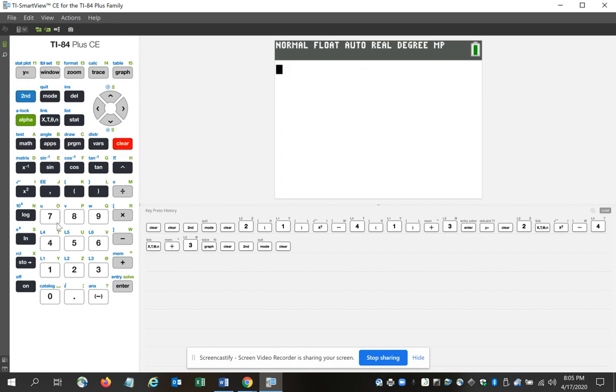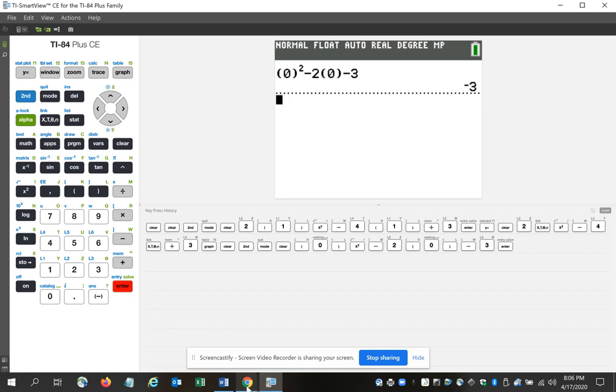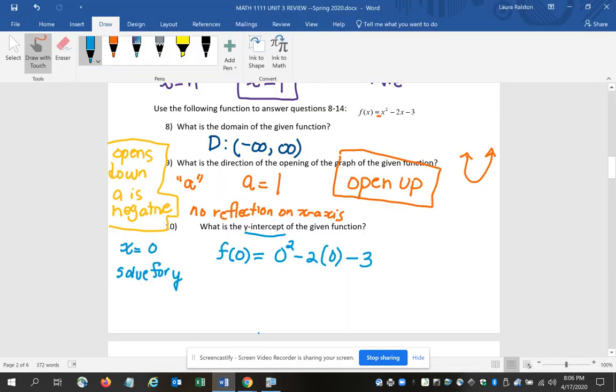Okay, so we would have parentheses 0, close parentheses, square it, minus 2, parentheses, 0, parentheses, minus 3, enter. And I get a value of -3.